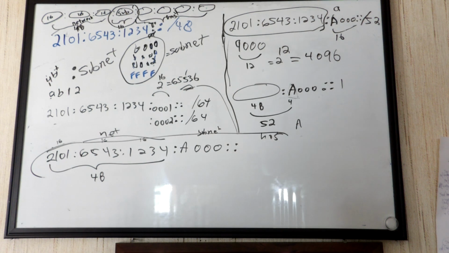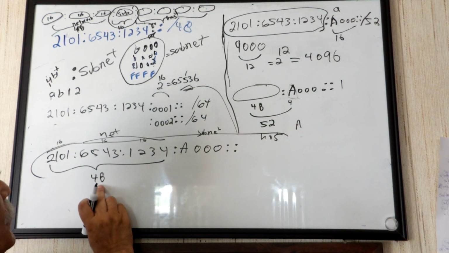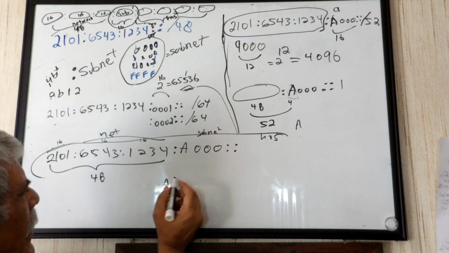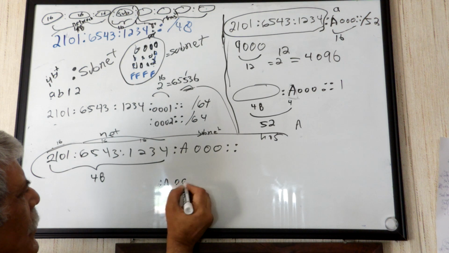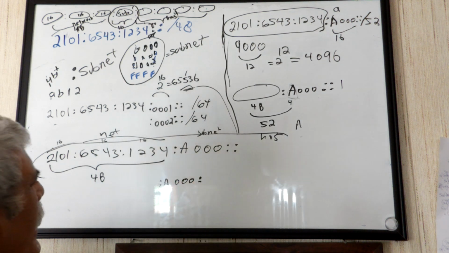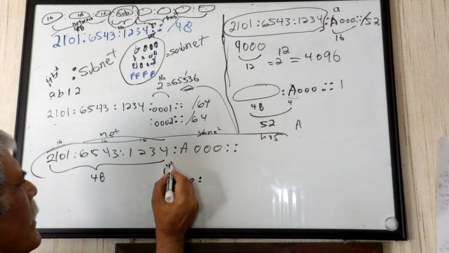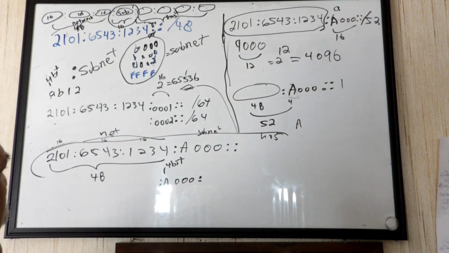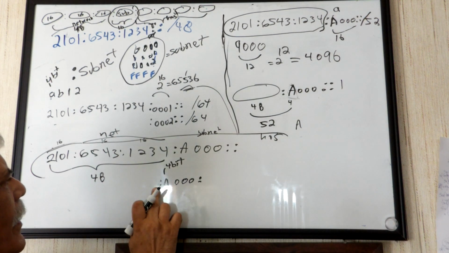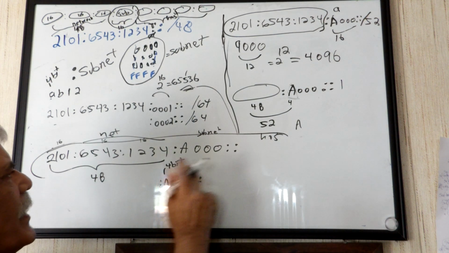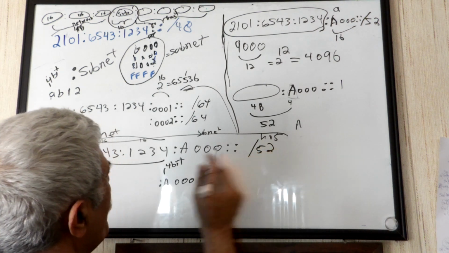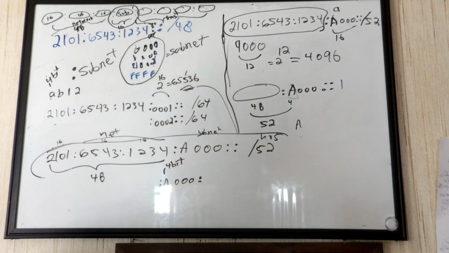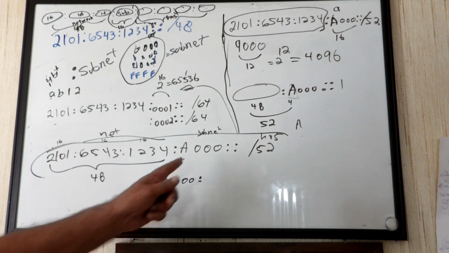Okay. Actually, why do we say 52? Because of each of these here, A, let's start from A and then 000. This is going to be 4 bits. When it says 52, it means there are 4 bits plus 48, which is 52. Now we have 52.